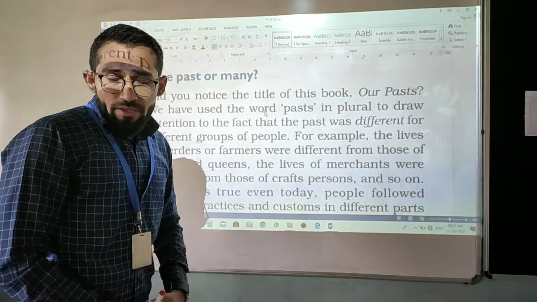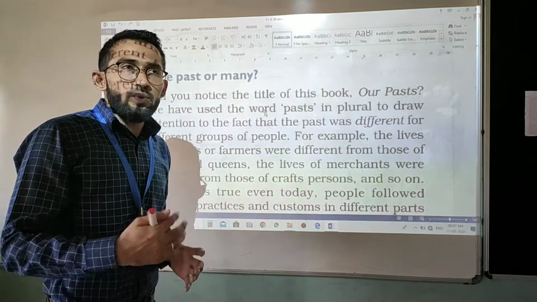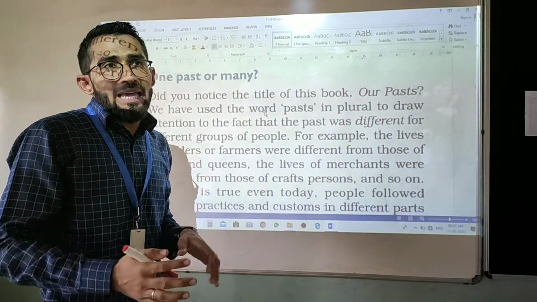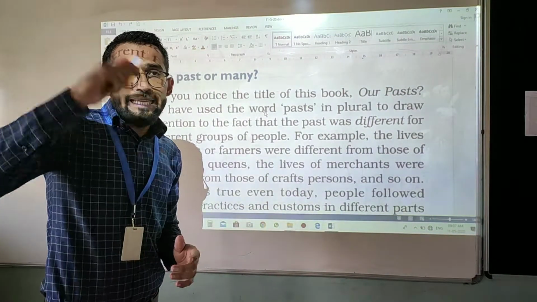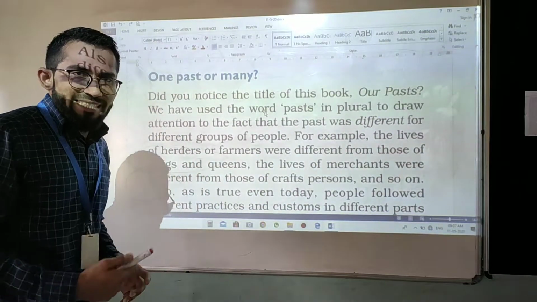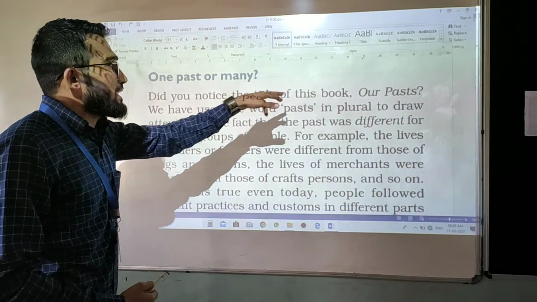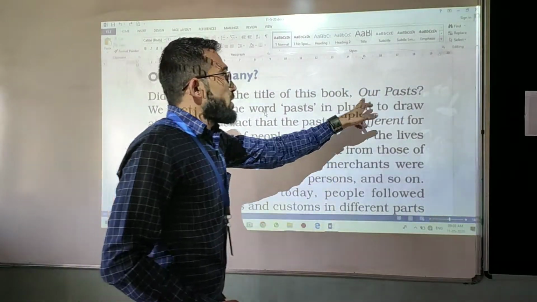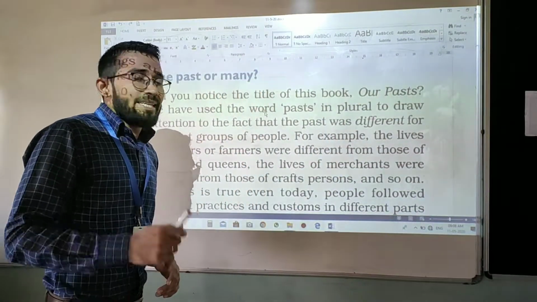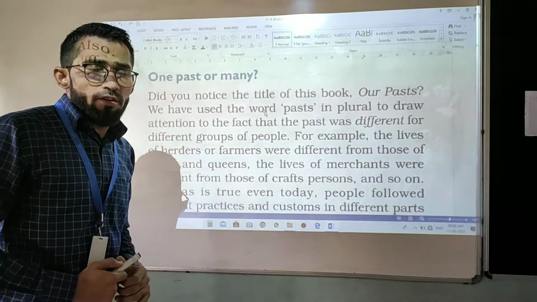In this paragraph, we are going to learn about the different kinds of lifestyle of different groups of people in the past. To understand that, here the question has been asked: did you notice the title of this book? Yes, the title name is Our Past. That indicates the plural form. Why is it in plural form?